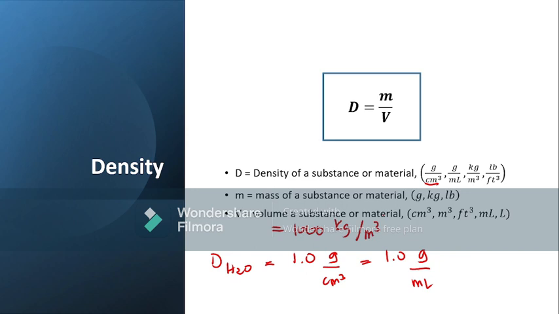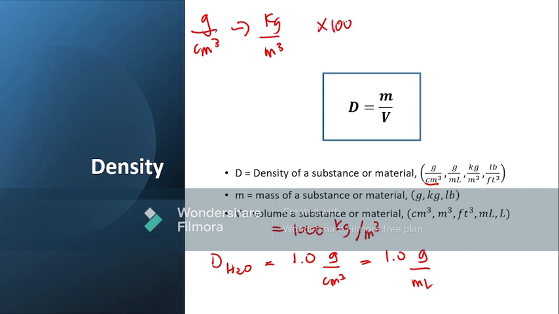Diba sabi ko nga kanina, pag from gram per cubic centimeter to kilogram per cubic meter, mag times 1,000 lang kayo. Okay, so sulat ko na lang. So for gram per cubic centimeter to kilogram per cubic meter, just multiply sa 1,000.